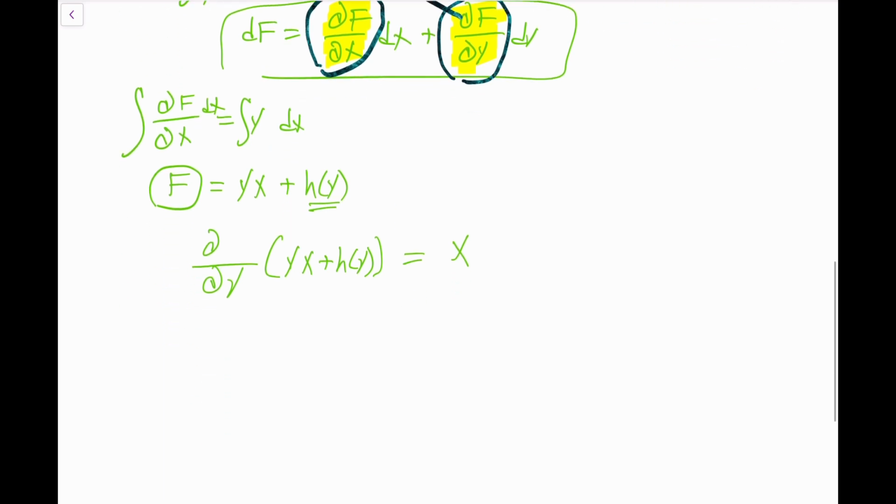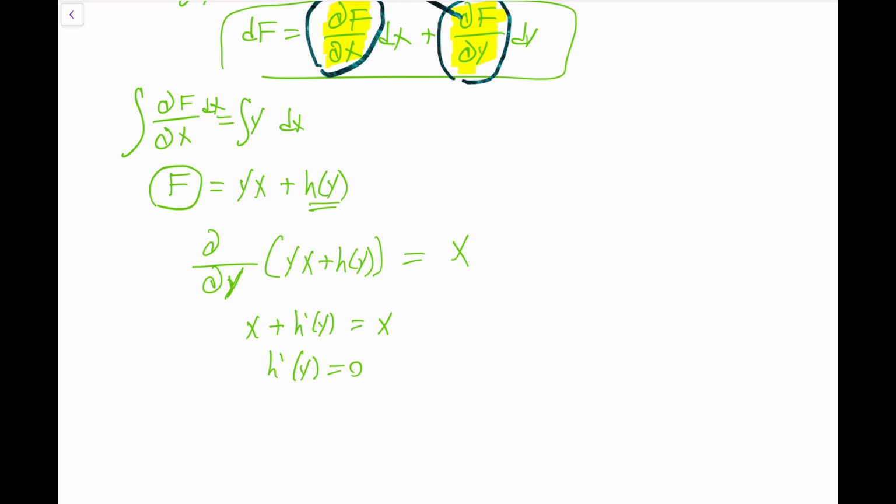Great. So what's the left-hand side? That would just be an x plus h prime of y, the derivative, is equal to x. So the x's drop out. So we have h prime of y is equal to 0.